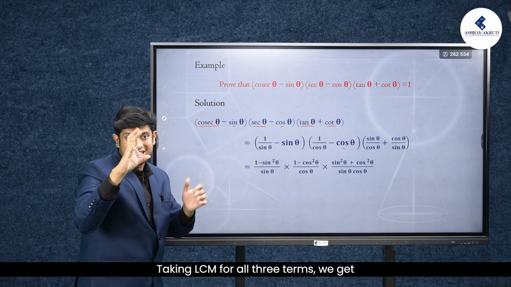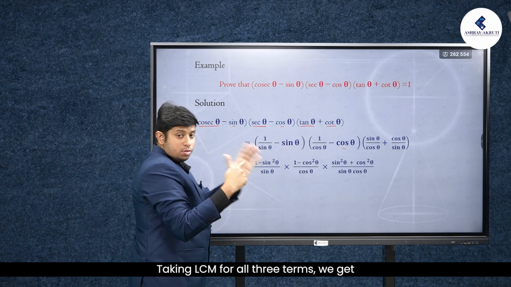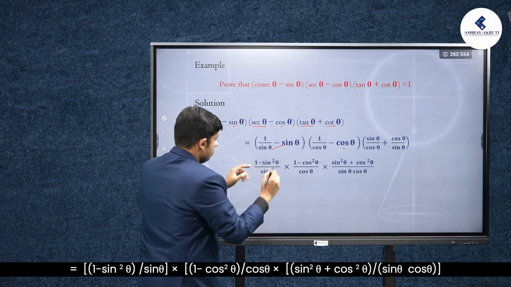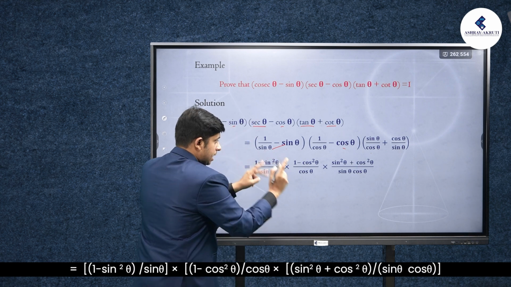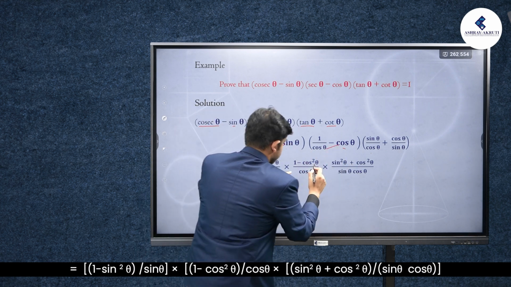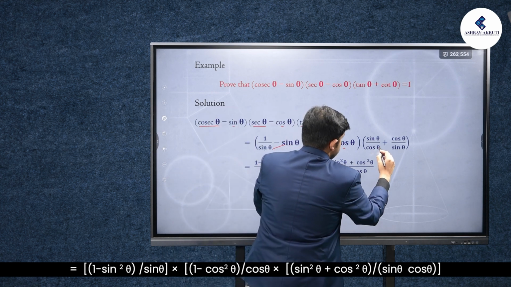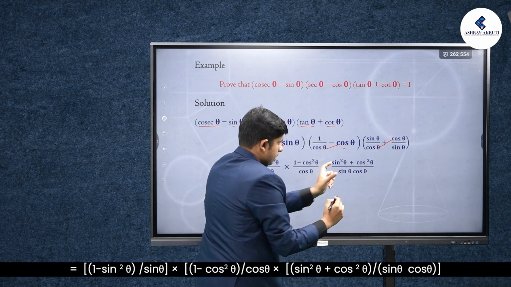Taking LCM for all the three terms, we get ((1 minus sin square theta) by sin theta) into ((1 minus cos square theta) by cos theta) into ((sin square theta plus cos square theta) by (sin theta into cos theta)).